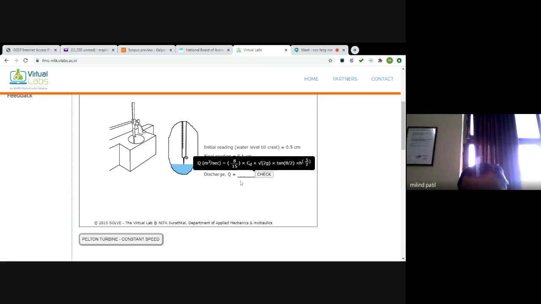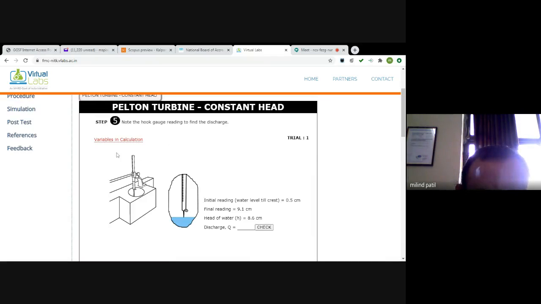So we will calculate the discharge using this formula, 8 by 15 Cd. Cd is taken as 0.6 in the calculation.